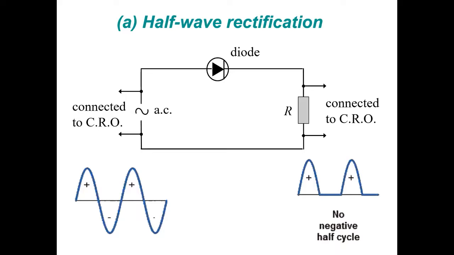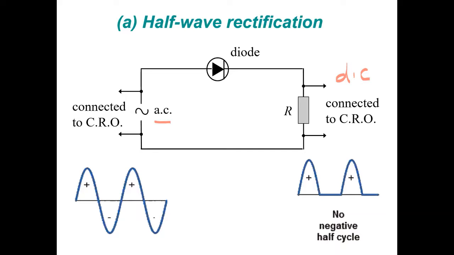On the left is the AC current. This is the input AC current, and then the output will be DC. Before that, we look at the AC current. AC current is flowing in two directions.